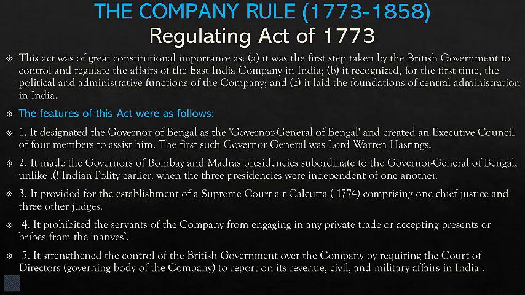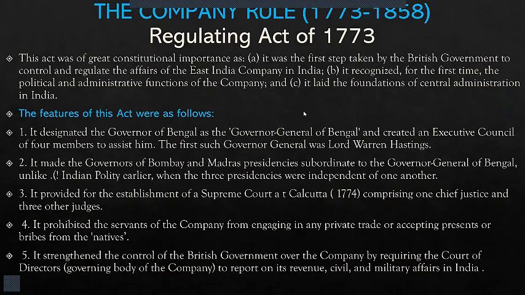Earlier, the governors of Bengal, Bombay and Madras all had equal powers, and used to regulate the functioning of their particular areas. But now the centralization of powers happened, and the governors of Bombay and Madras became subordinate to the Governor General of Bengal.